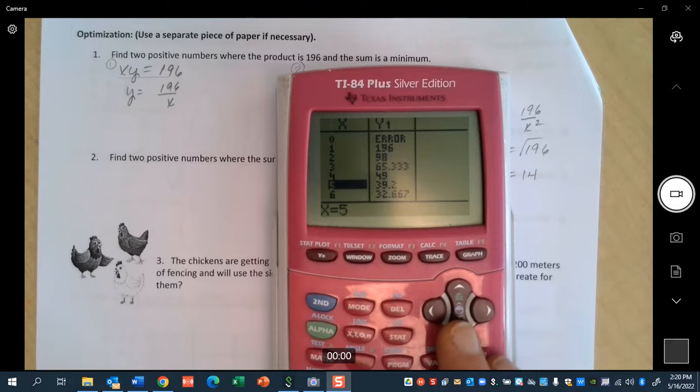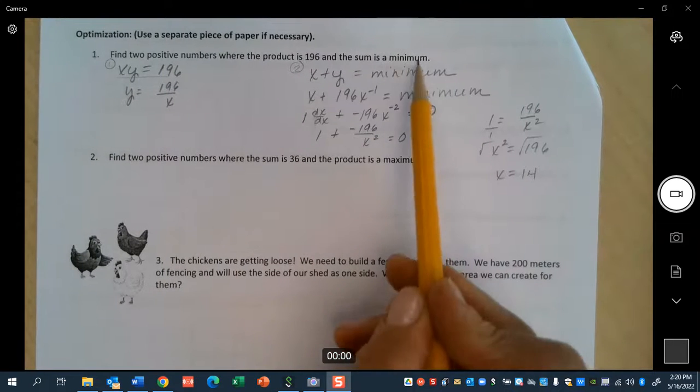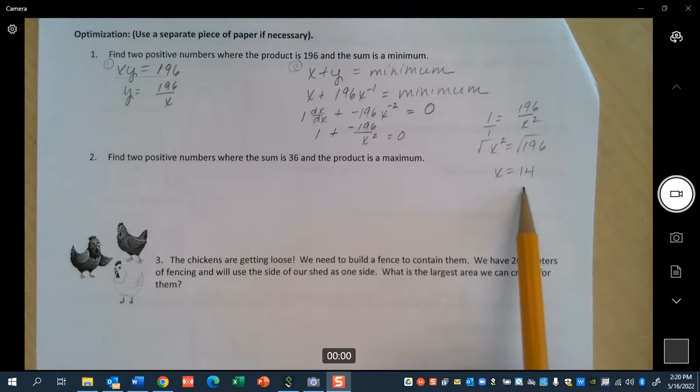Here the sum is 44. Do you see how each time I go down, my sum gets lower and lower and lower? So just by figuring this out, I know that my smallest sum is when the numbers are the closest together. So I've minimized the sum when those numbers are closest together.